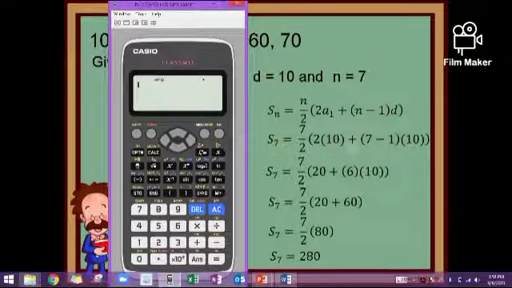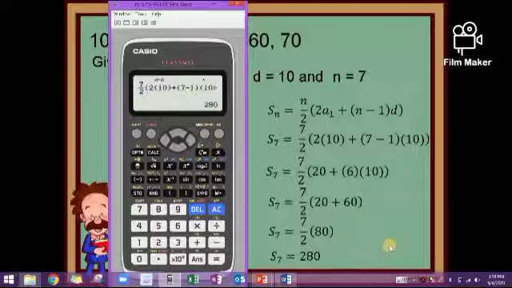Using this formula, the long one, we have 7 over 2 times the quantity 2 times 10, parentheses 10, plus 7 minus 1 times the quantity of 10, parentheses, and another parenthesis to enclose all those numbers inside, and then hit equal sign, and make sure that we get 280.